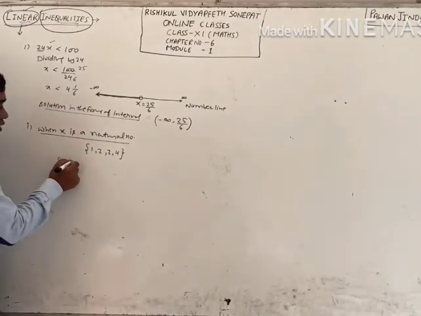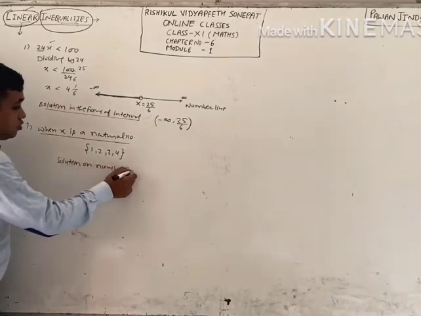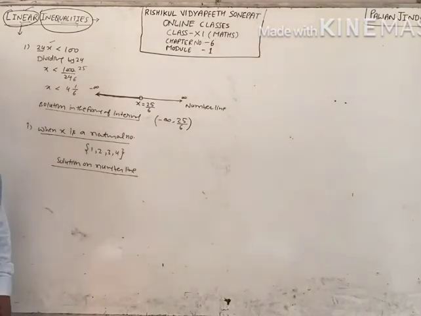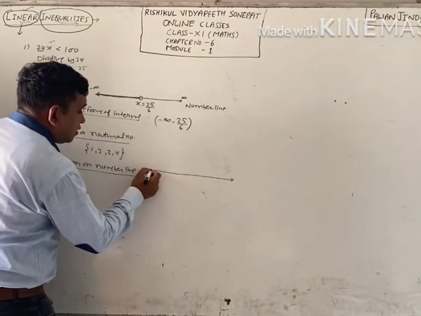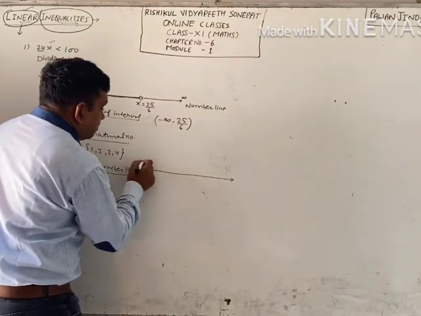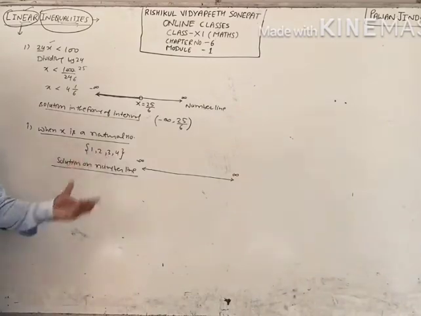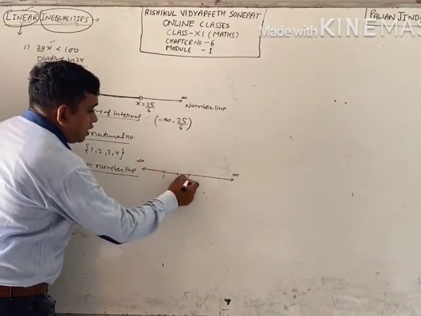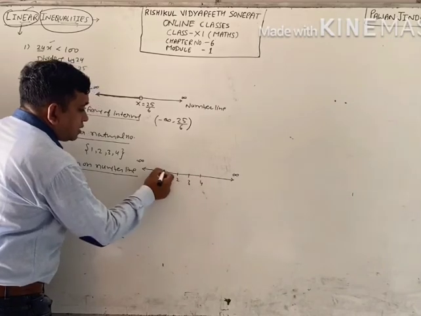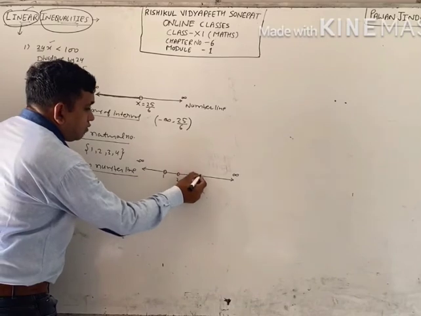Now see, solution on number line. How will you plot this solution on number line? Right? This is your number line, minus infinity to infinity. Now we have to plot these four solutions 1, 2, 3, 4. Suppose here 1, here 2, here 3, here 4. Make circle on 1, 2, 3, 4.